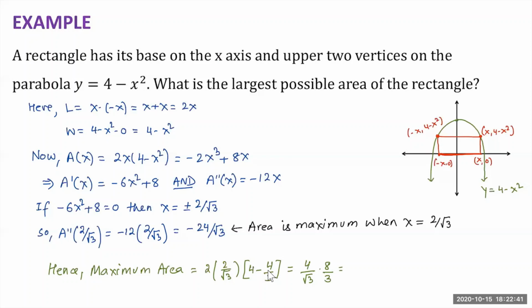So that is equal to 8 times 4, 32 over 3 square root of 3. So that is the maximum area. If we simplify using a calculator, it is 6.1584. So that is the maximum possible area of the rectangle whose base is on the x-axis and two upper points are on the parabola y equals 4 minus x squared.